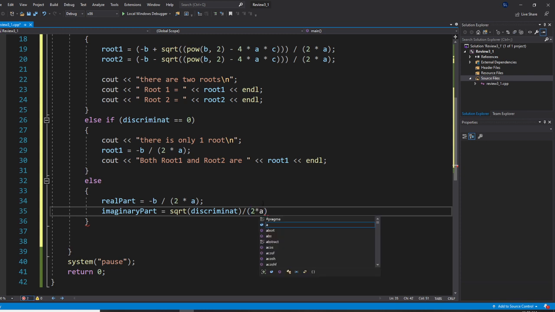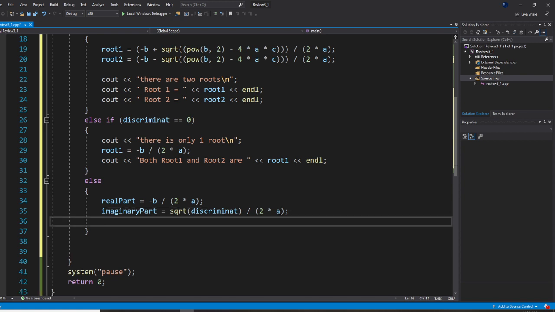So see how the roots are complex and different.